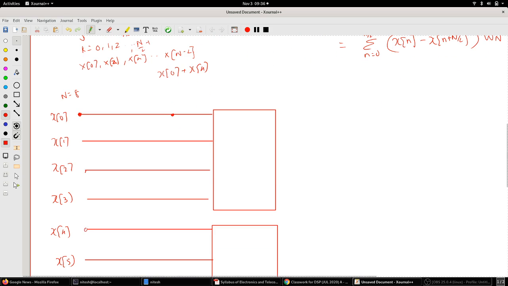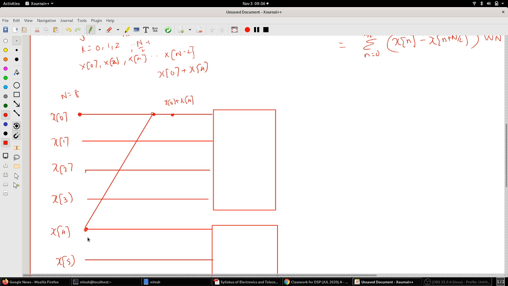So what I am doing here is getting this and putting it here. So this is going to be my new sequence. Let's say this particular value here is x of 0 plus x of 4.